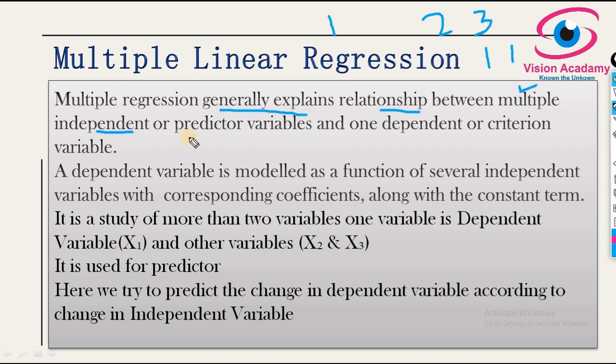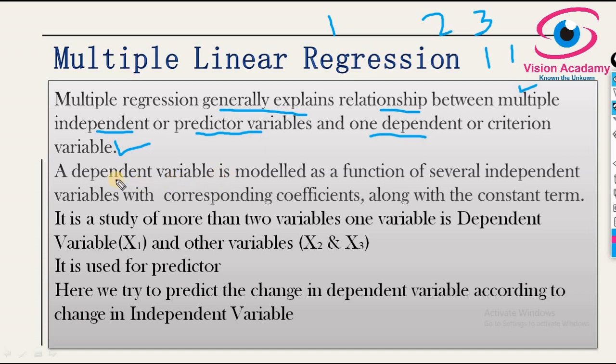Multiple independent variables are also called predictor variables, and here we will consider only one dependent variable, which is also called the criterion variable. So we will study the relation between multiple independent variables over one dependent variable.